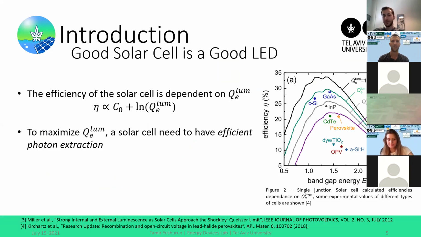There's still a way to go. The highest is 1, or I mean 100%. That means that there are no other recombinations but radiative recombinations. And this is the theoretical limit, the Shockley-Queisser limit that everybody uses. But in practice, it's not that. There are a lot of other recombinations that make you lose efficiency.